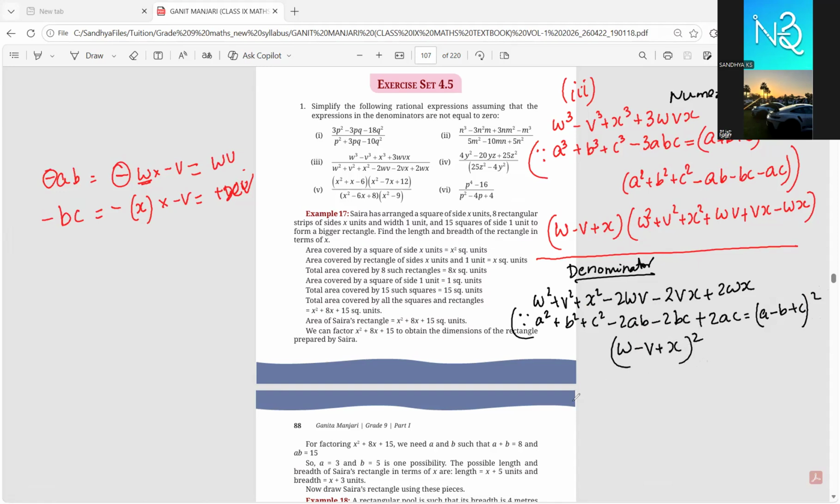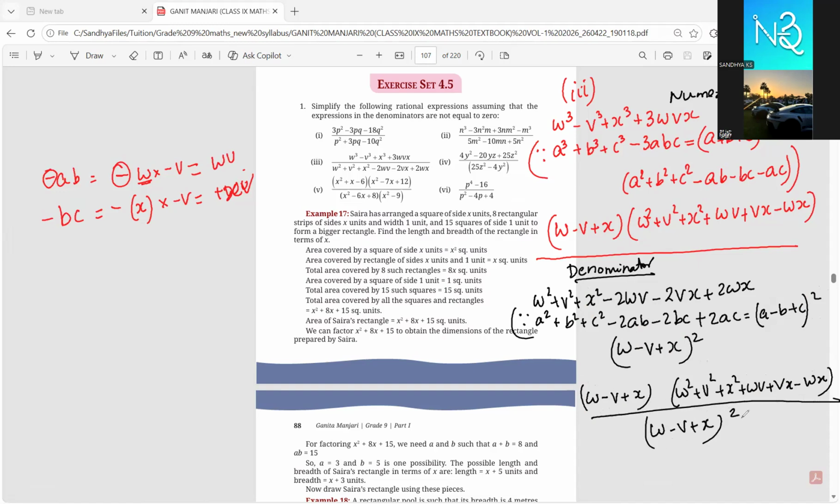Correct? Okay. So now the numerator is W minus V plus X into W squared plus V squared plus X squared plus WV plus VX minus WX, divided by W minus V plus X the whole square.